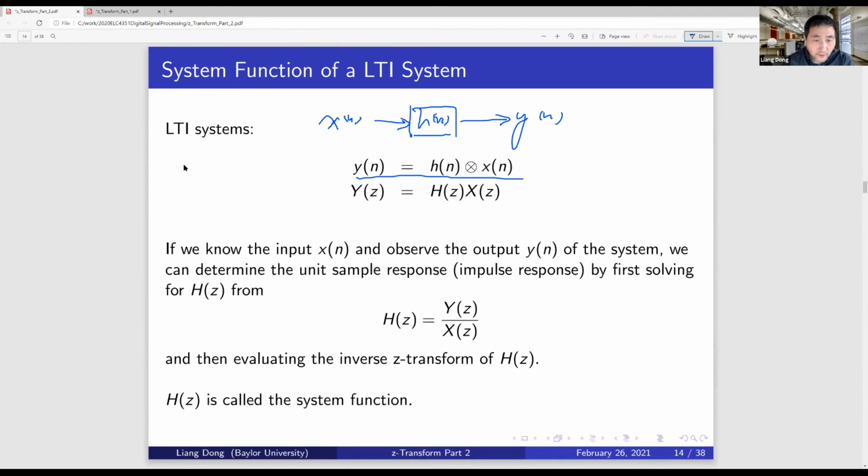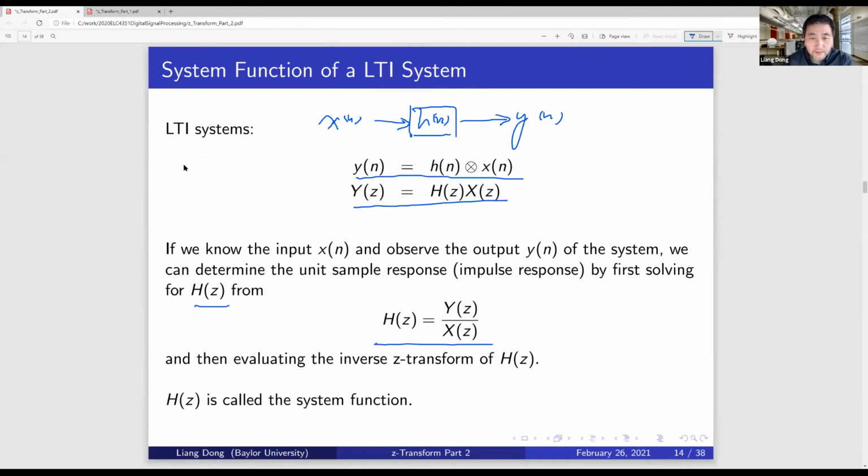In the Z domain, convolution becomes a multiplication, so it's simpler. That is Y(z) equals H(z) times X(z). And if we know the input and observe the output of the system, we can determine the unit sample response by first solving for H(z) from this.